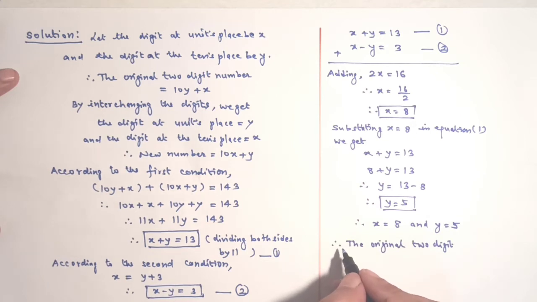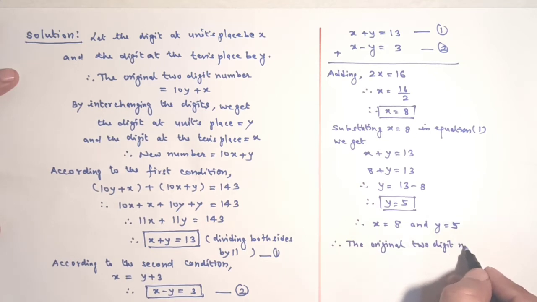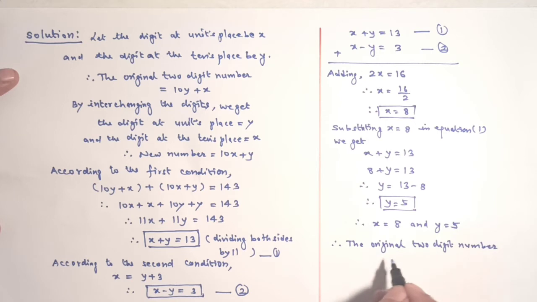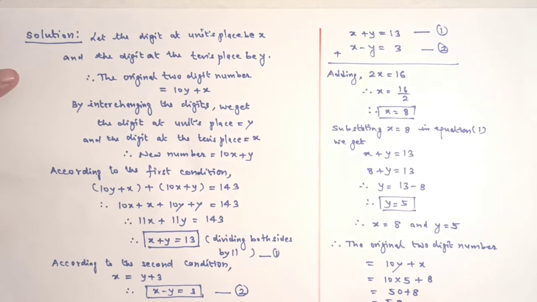You will write, therefore the original 2-digit number is equal to 10y plus x. Put the values of x and y. 10 into 5 plus x as 8. 50 plus 8, which is 58. Therefore your number is 58.